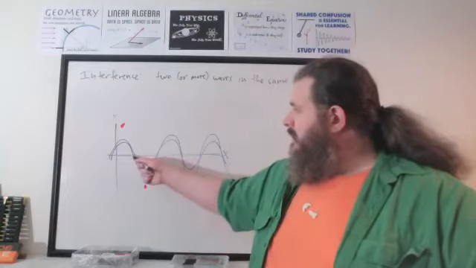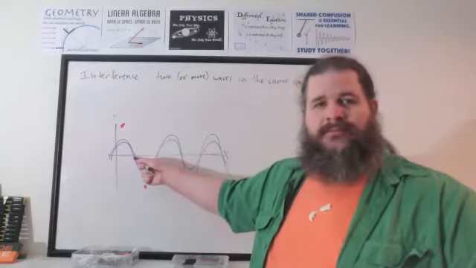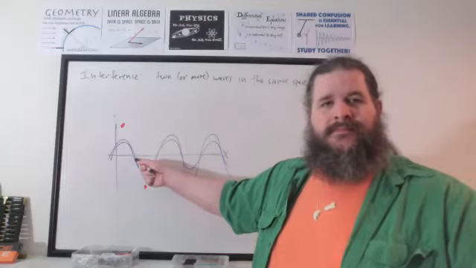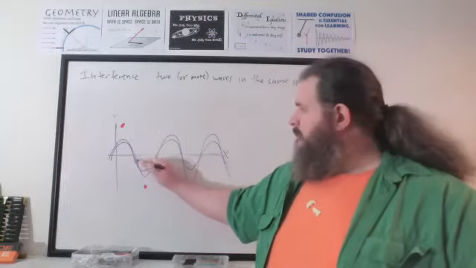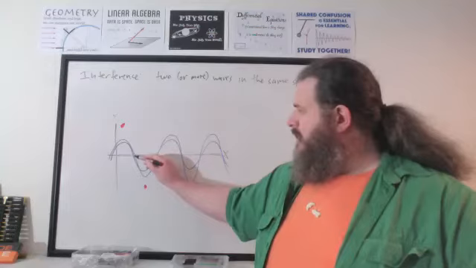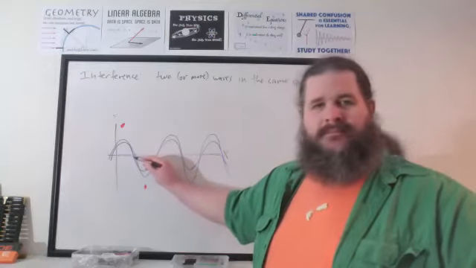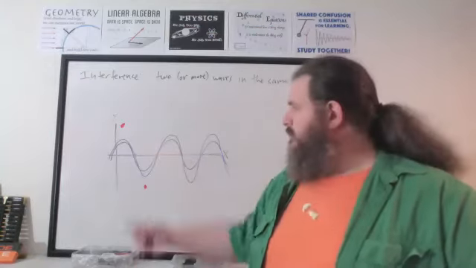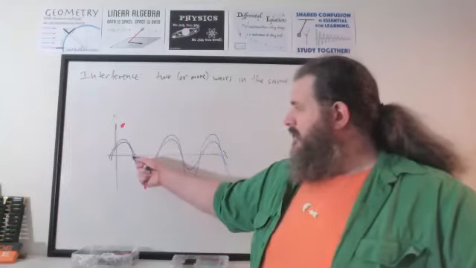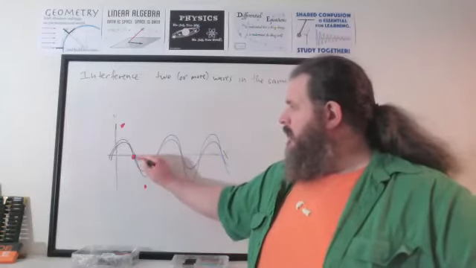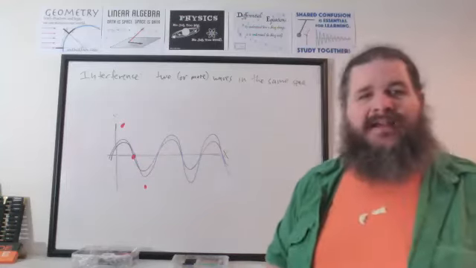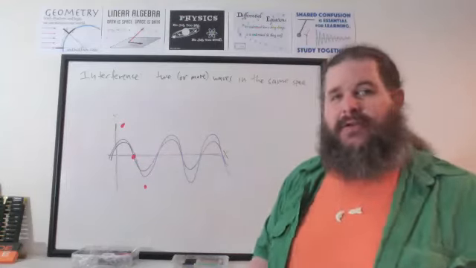What about at this location? What's the value of each wave here? They're both 0. Right. So if you take 0 plus another 0, it's still going to be 0. Again, we are essentially just adding together the y values of both waves at each location.